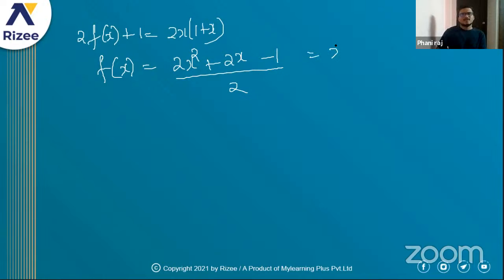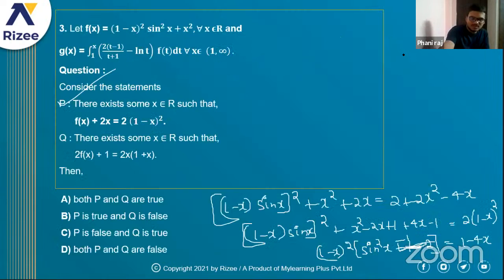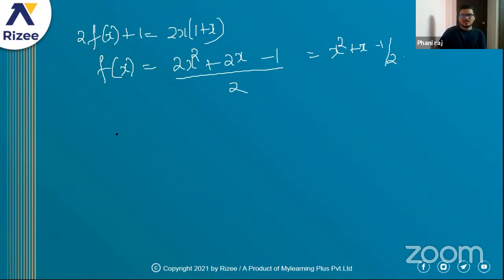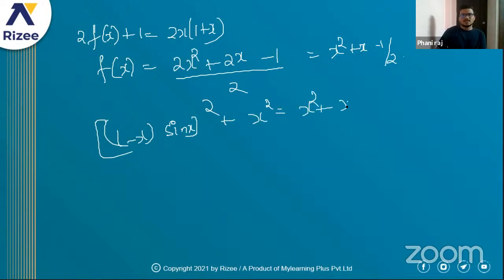This is x square plus x minus half. F of x equal to this. What is that? (1 minus x) into sine x, whole square, plus x square equal to x square plus x minus half.